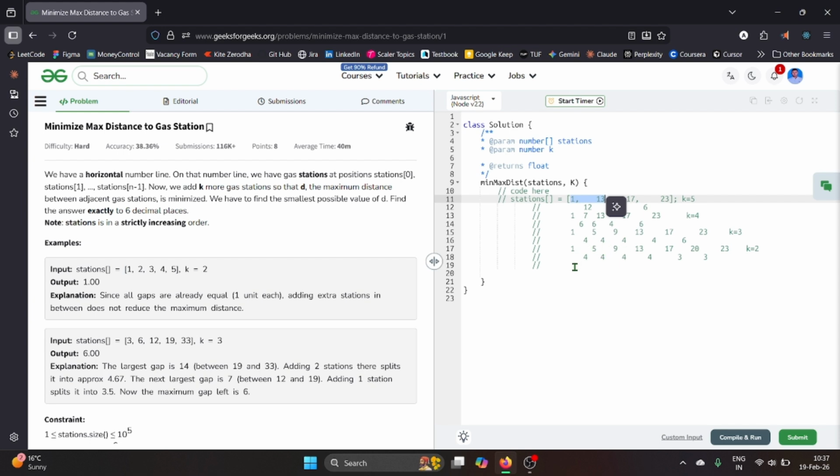So here is our task: we have already put two gas stations and we have to put our third gas station. So we have to put three gas stations between 1 and 13.